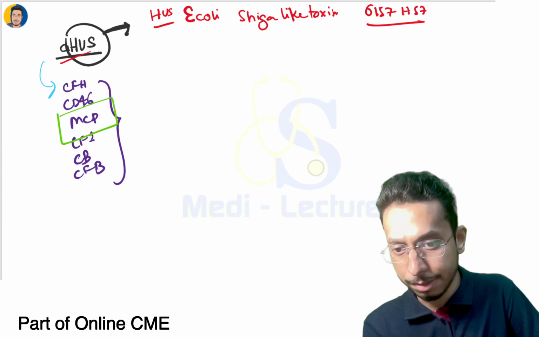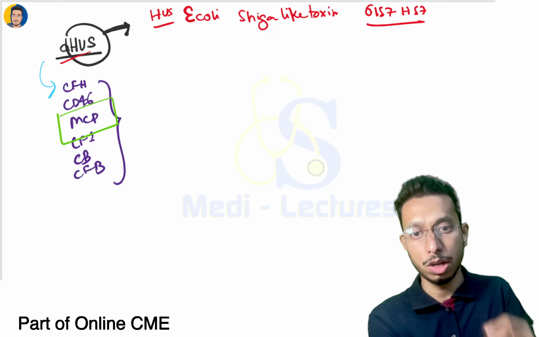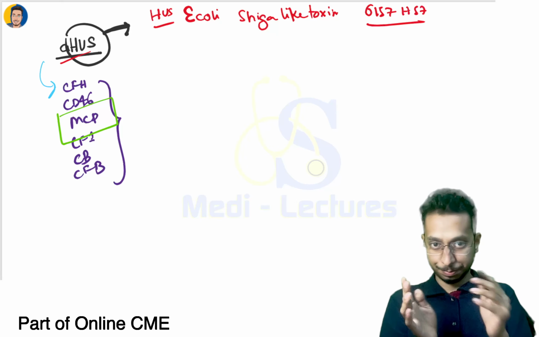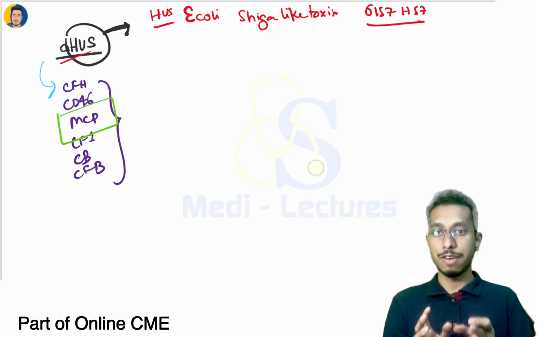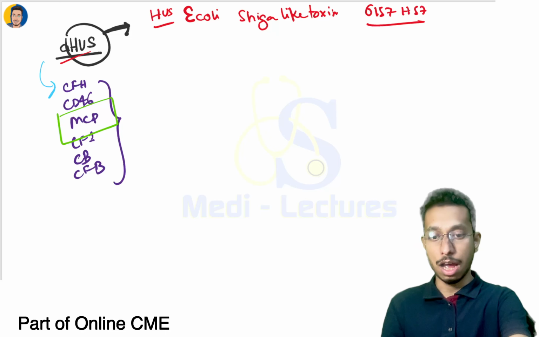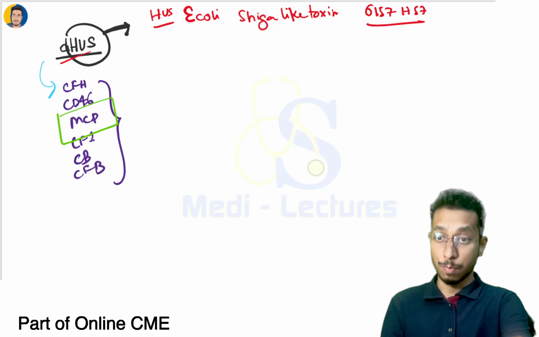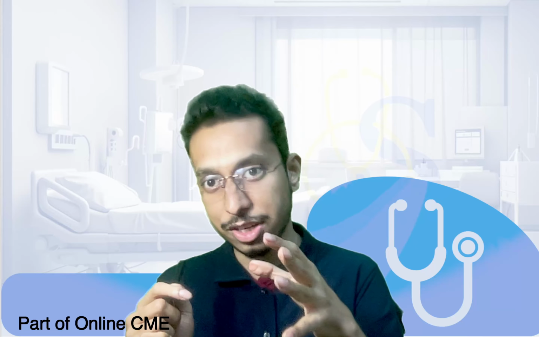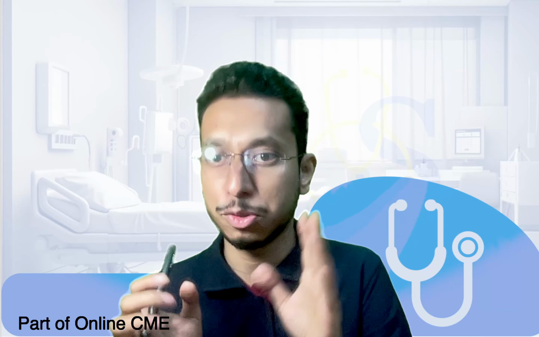Now what happens is, what is the function of complement? Complement is there for opsonization and attack of any bacterial or viral particle which comes into the circulation, and it phagocytoses them. Complement identifies and helps phagocytosis.